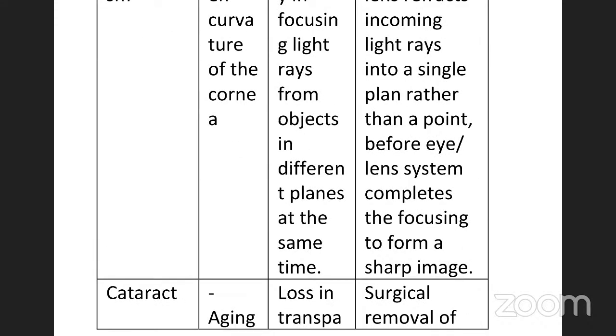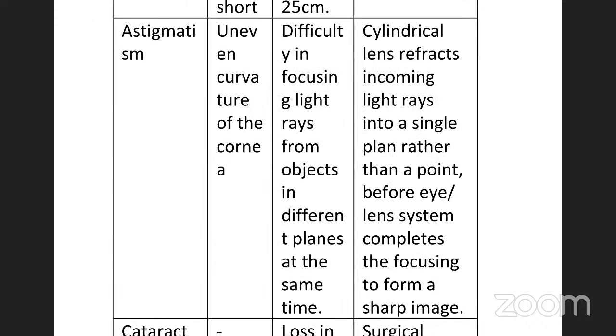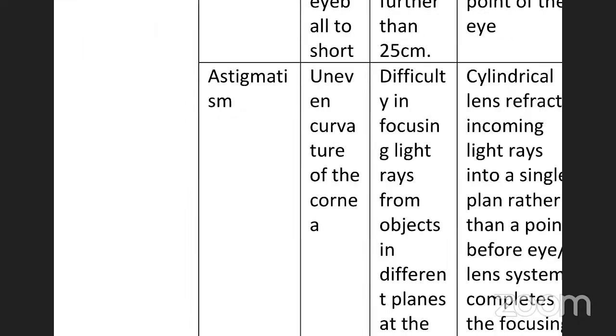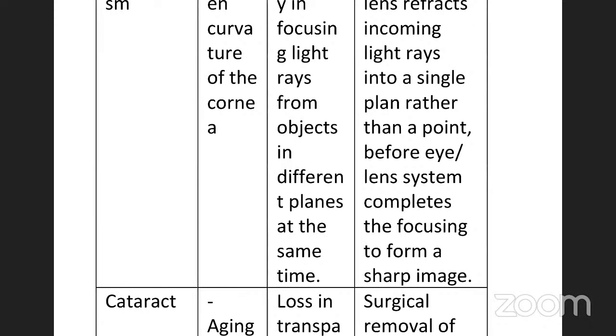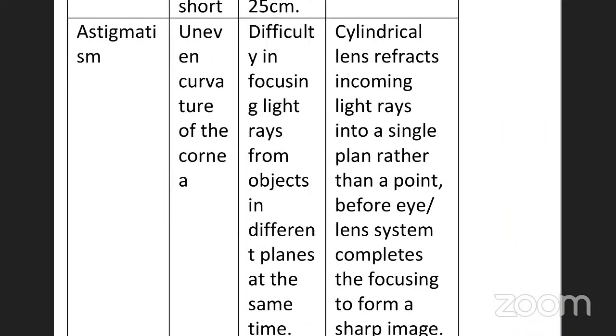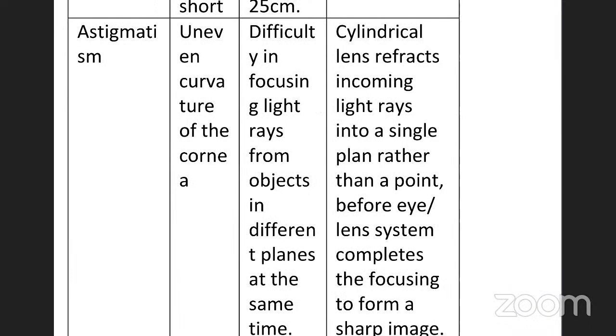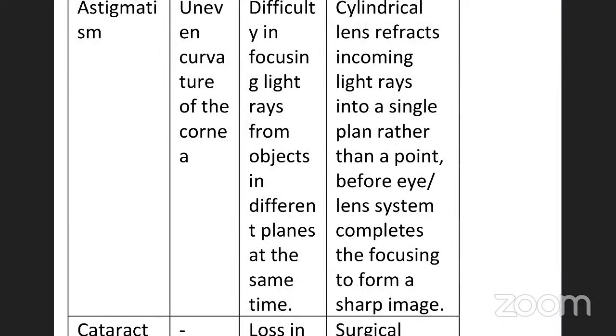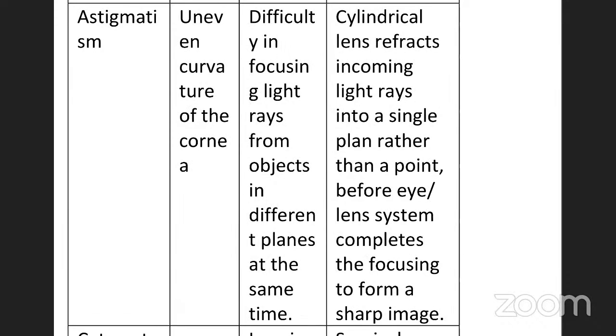I really apologize about that earlier, but it's an exercise, so you could practice memorizing it and then come in here and see if we can figure it out. A cylindrical lens refracts incoming light rays into a single plane rather than a point before the eye lens system completely focuses to form a sharp image, right? So you basically use a cylindrical lens to correct astigmatism.